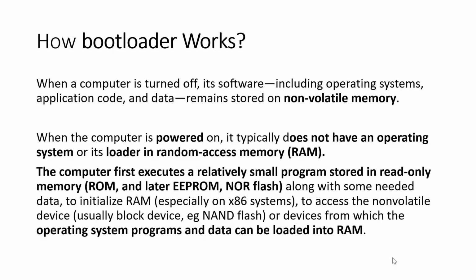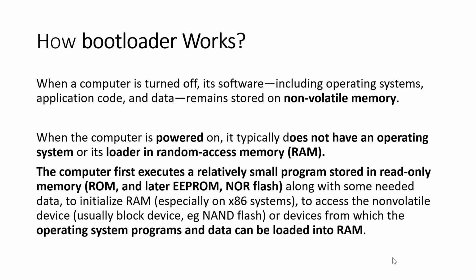When a computer is turned off, its software, including the operating system, application code, and data, remains stored in some non-volatile memory, just like a hard disk. But when you power on the computer, it typically does not have an operating system or its loader in RAM. So what happens?